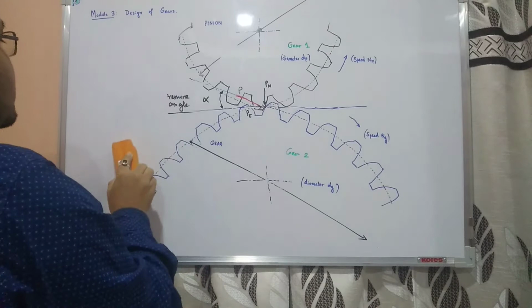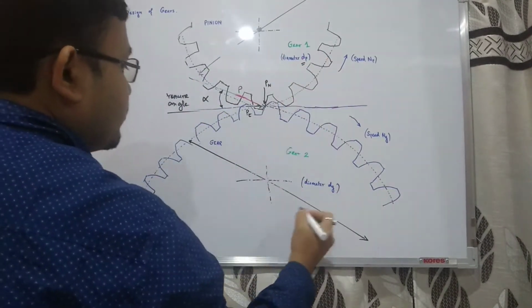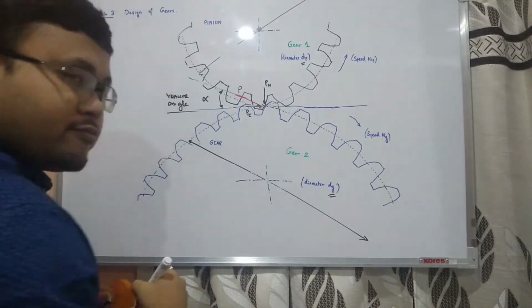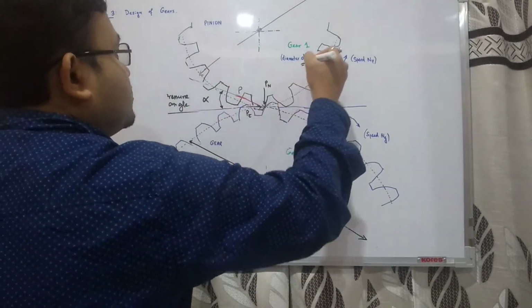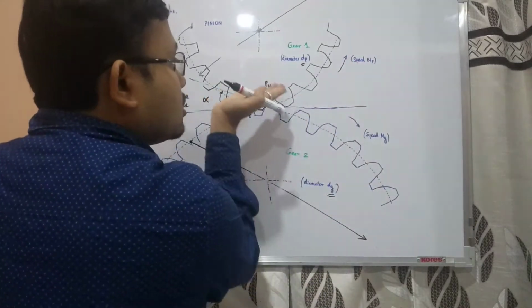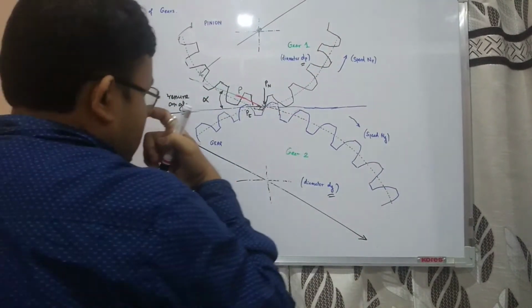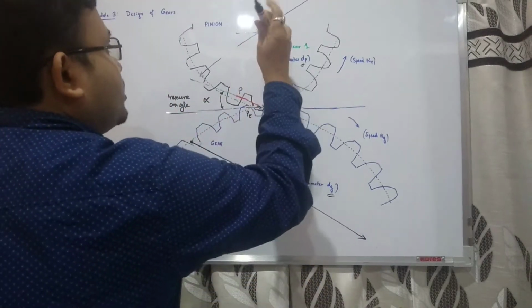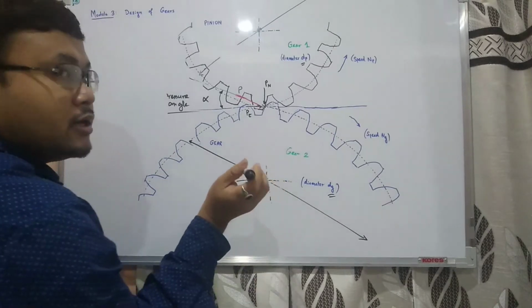So the pitch circle diameter for the pinion is dp and for the gear it is dg. Now, we just assume that the pinion is rotating in this manner and the gear will be rotating in this manner. Here we have the axis for the pinion, here we have the axis for the gear.